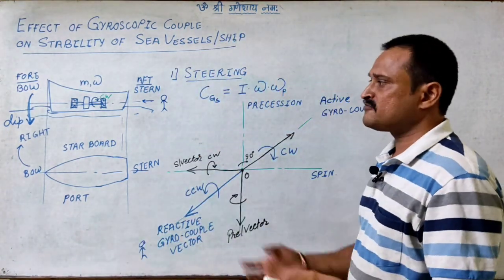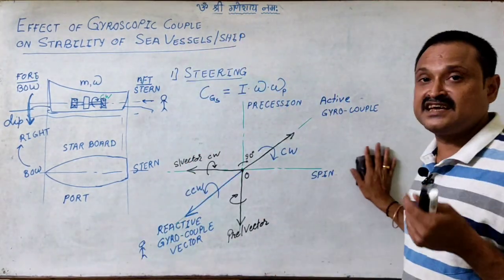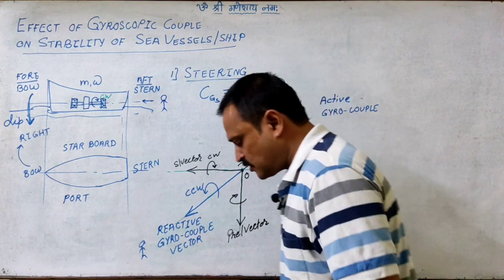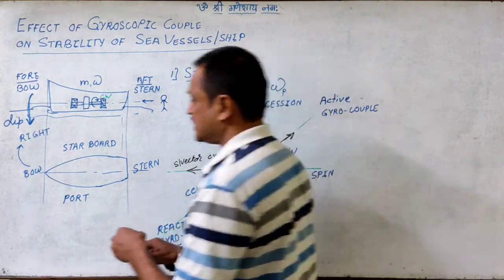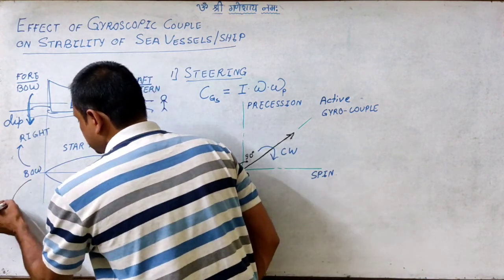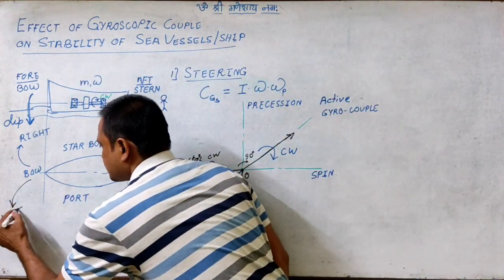Now let us try to deduce the situation if it is taking a left turn. What will happen? In case 2, in the same condition, the ship is turning to the left.